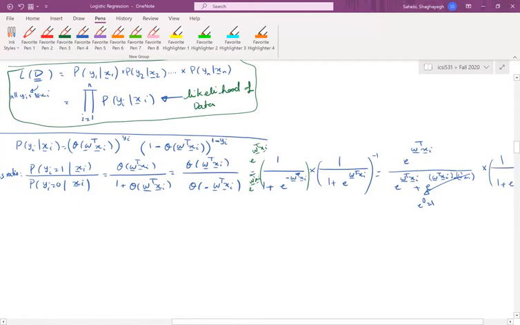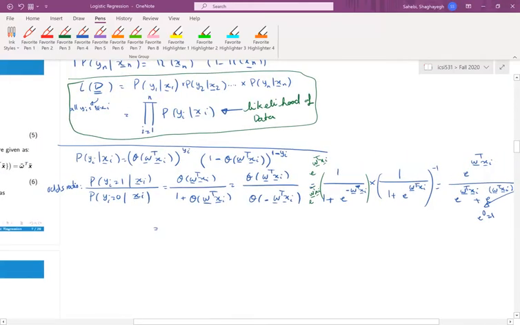So this whole thing is going to be equal to e to the w transpose xi over e to the w transpose xi plus 1.